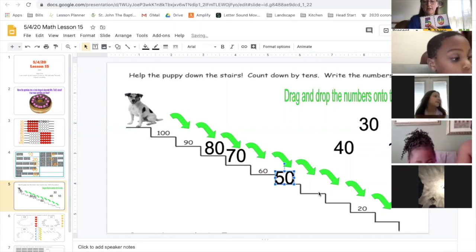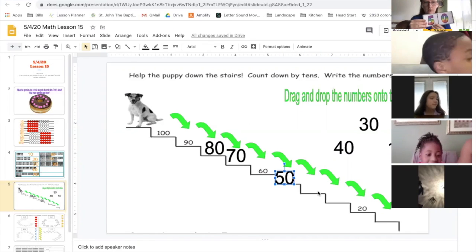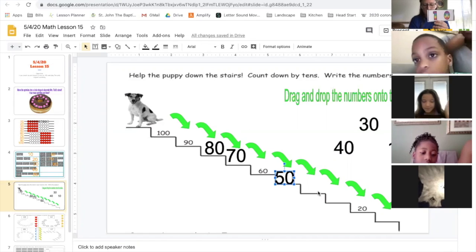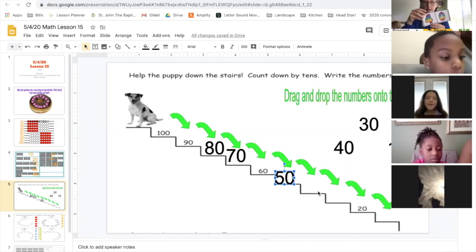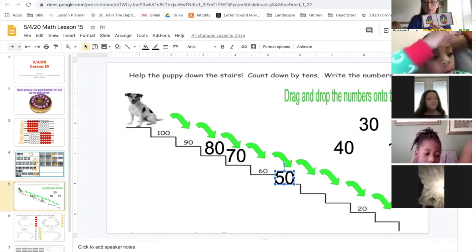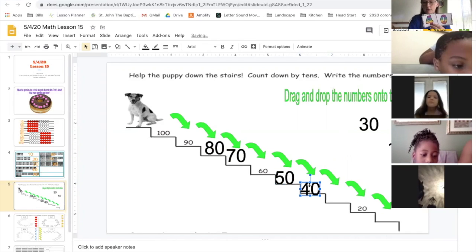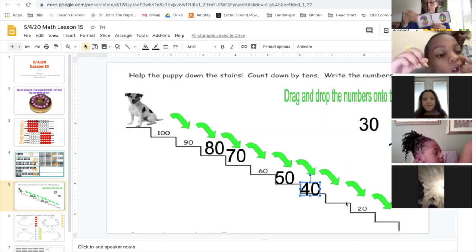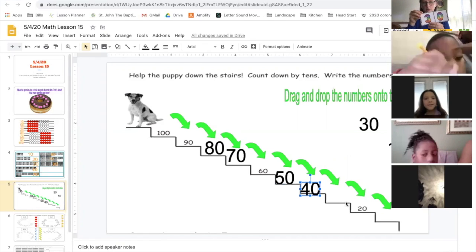And then how about the next step? What comes before the 5? 40. Good job. And then after 40, we're going to change the 4 for a 3.